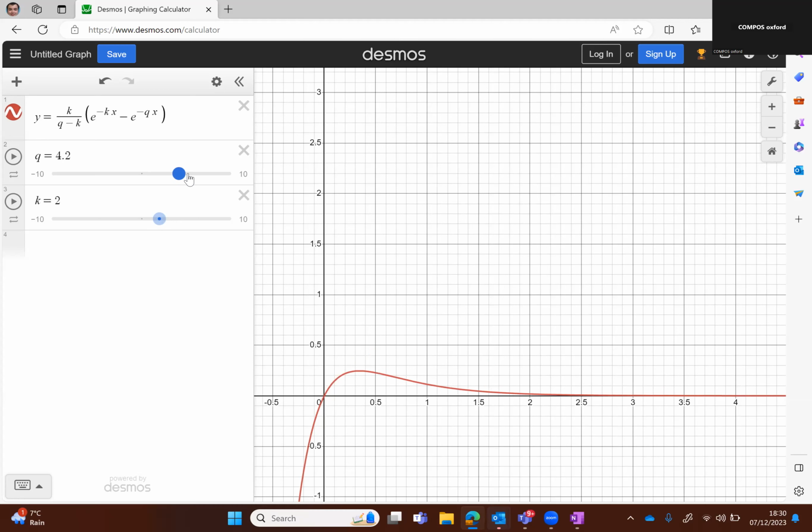So if you make radioactive isotope B decay faster, then you build up less of it. If you make radioactive isotope B decay really slowly, so you make q small, you get this much slower tailing off. And if you make k really big, essentially what happens is A turns into B really quickly, and then B tails off slowly.